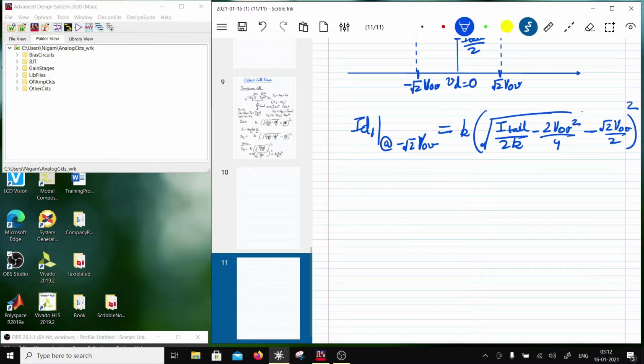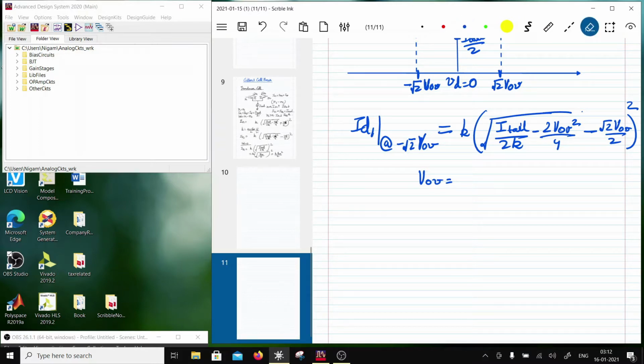Okay, so now V overdrive can be written in terms of k. Let's write that.